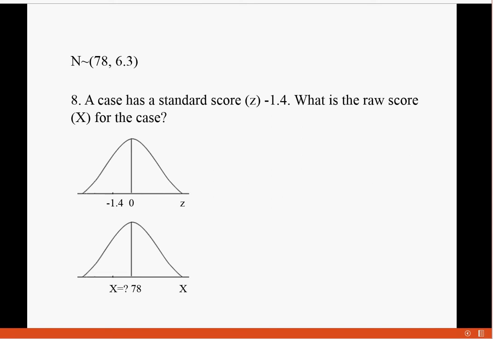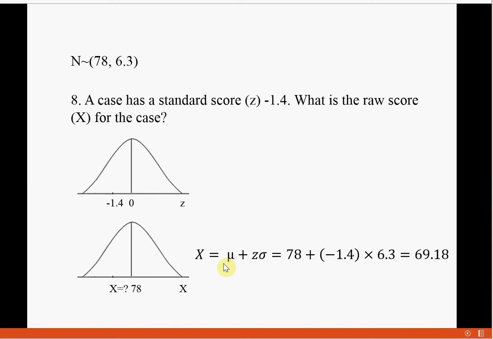We know the formula we use to do the calculation. We need to use that formula to calculate the original value of variable x that corresponds to a z-score of negative 1.4. The formula we use is this one.